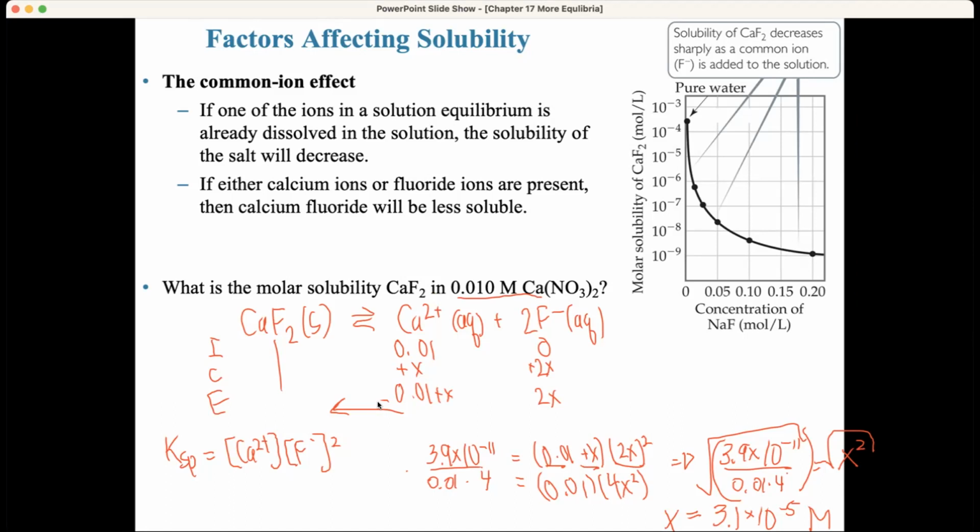I'm adding 0.000031 to 0.01. So this number is so small compared to this number that I basically still have this guy left. That's why I get rid of the plus x there.